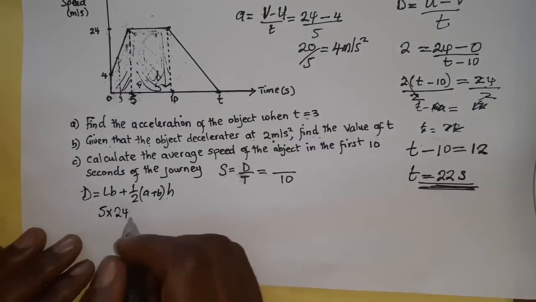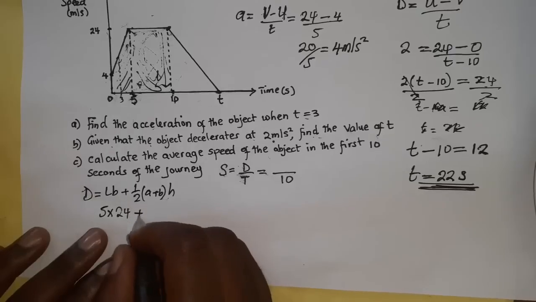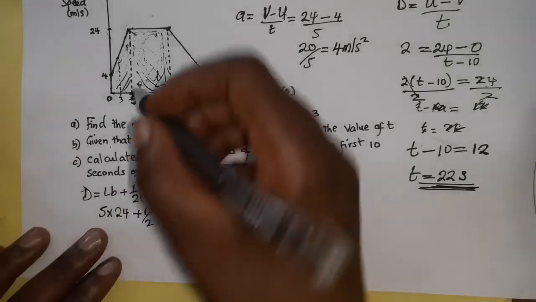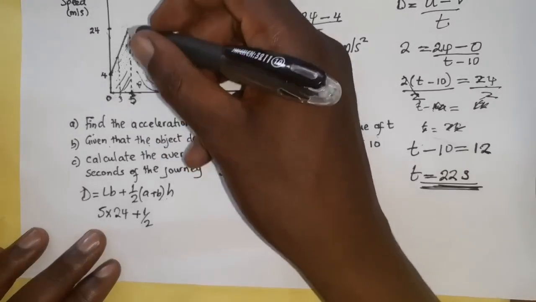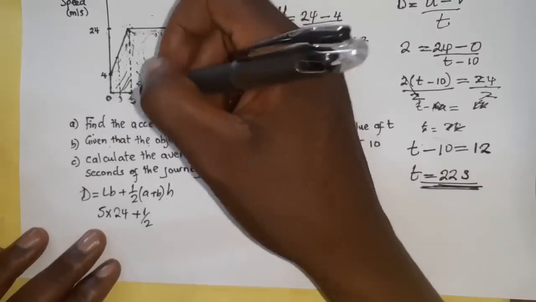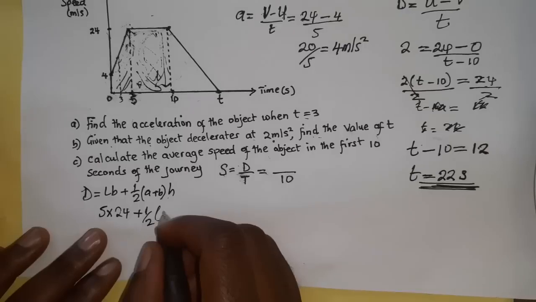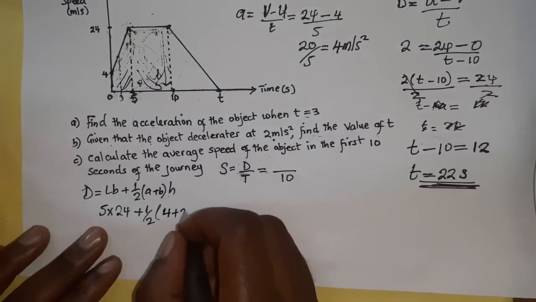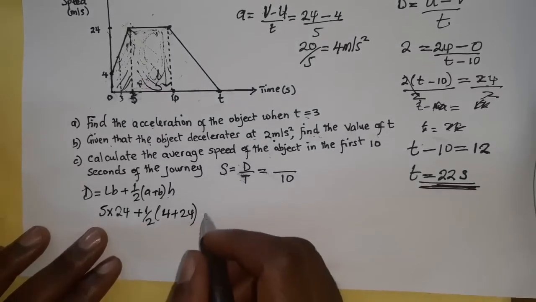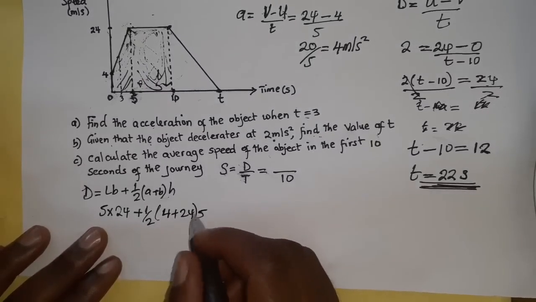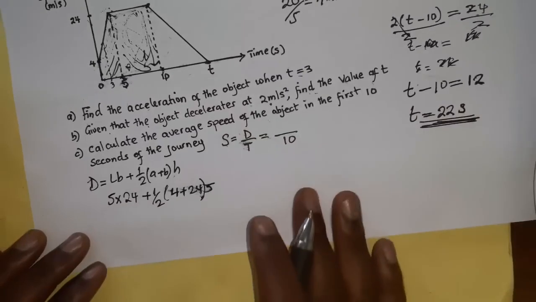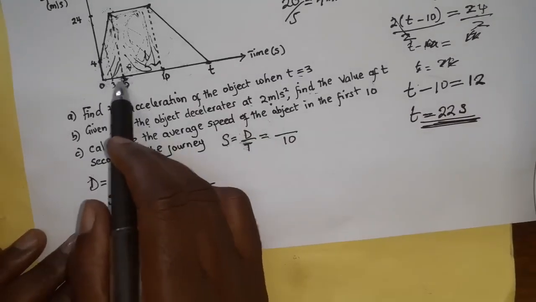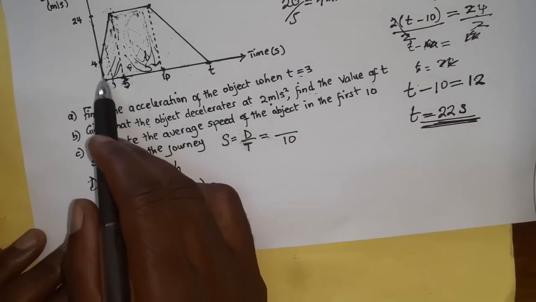Or you can swap them. Then here we have 1 over 2 times the parallel sides, which are A and B, 4 plus 24. Then this side is 5, which is the height.